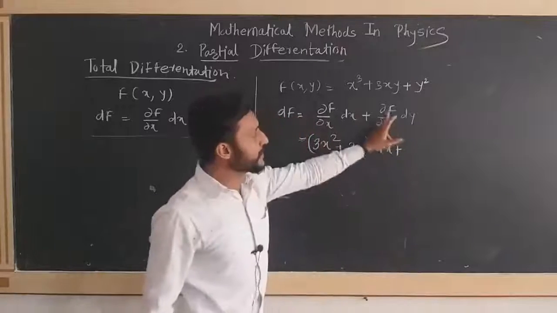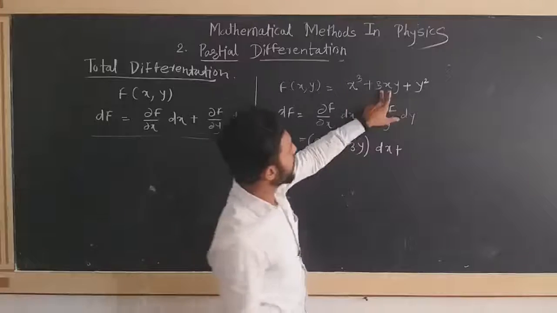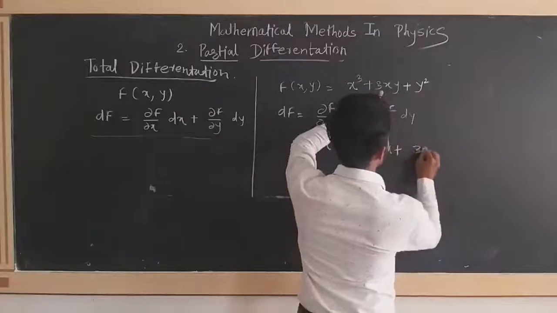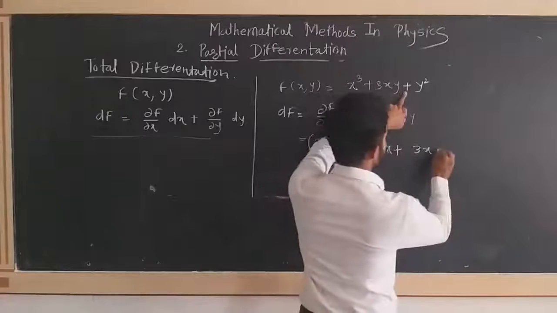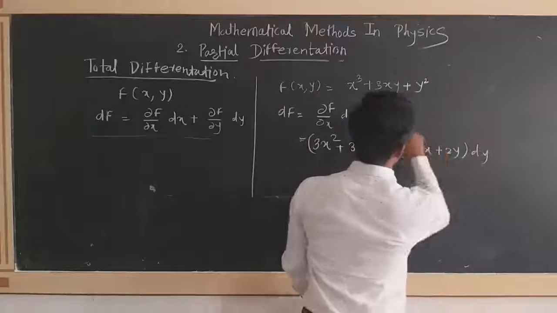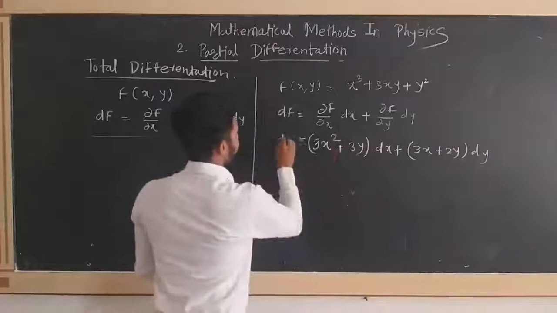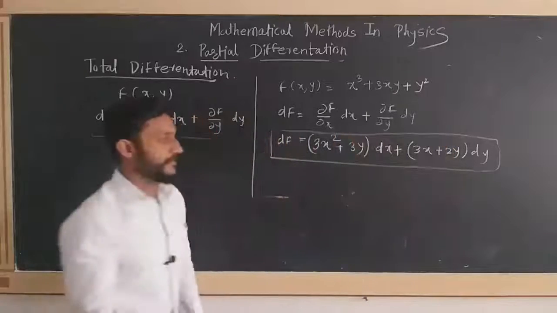Plus, now differentiate the function with respect to y. So this is constant 0, and here we have 3x, and plus 2y. Keep dy constant. So this is the total differentiation.